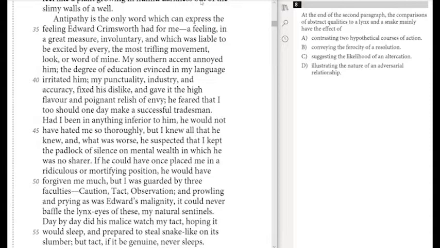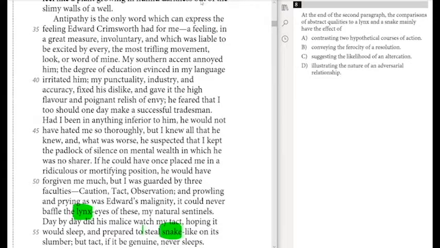"If he could have once placed me in a ridiculous or mortifying position, he would have forgiven me much. But I was guarded by 3 faculties, caution, tact, observation. And prowling and prying as was Edward's malignity, it could never baffle the lynx eyes of these, my natural sentinels. Day by day did his malice watch my tact, hoping it would sleep, prepared to steal, snake-like, on its slumber.